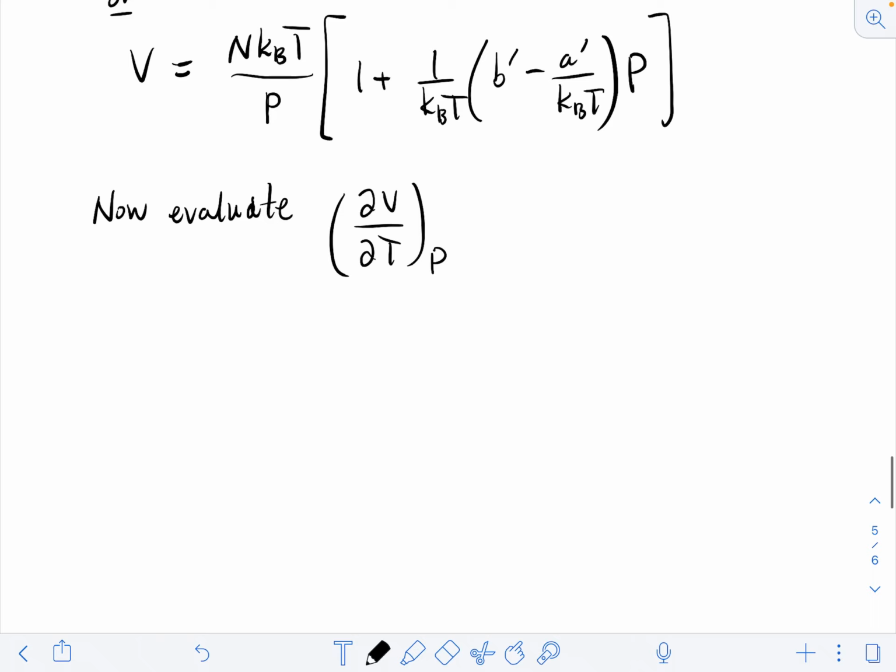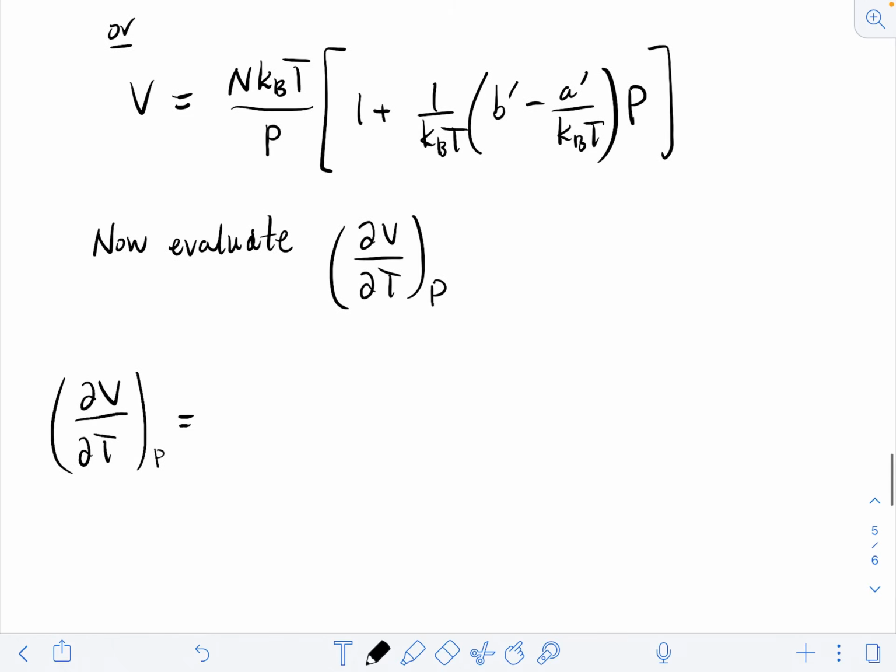Okay, so we're going to have to do a few chain rules here. So we'll have to do this carefully. First, the coefficient out front here has a temperature, so we'll first deal with that derivative. We'll get nkB over P, and then we have to multiply by all of the stuff that was in the brackets.